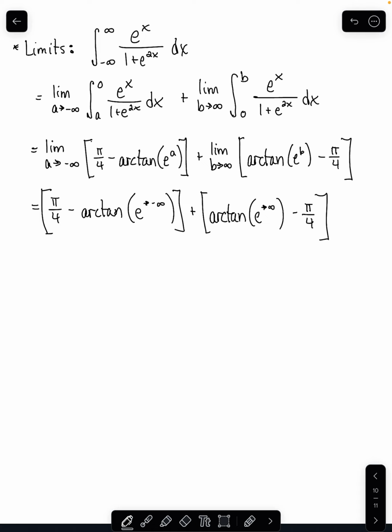And at this point, it's pretty clear to see that the pi over 4 and the subtraction of pi over 4 do cancel each other out, leaving us then with negative arctangent of e to a power that is approaching negative infinity. As e to a power that is approaching negative infinity, as we get further and further out there, this should approach 0.